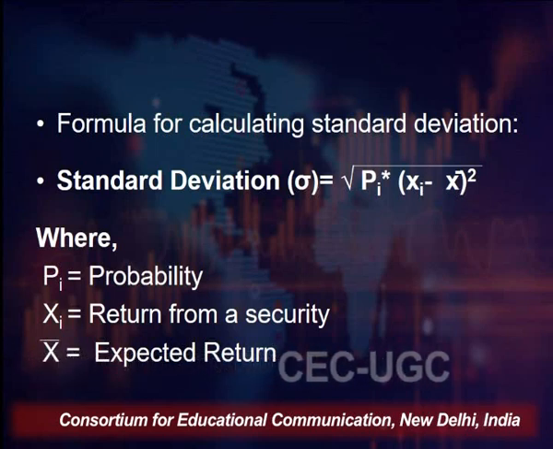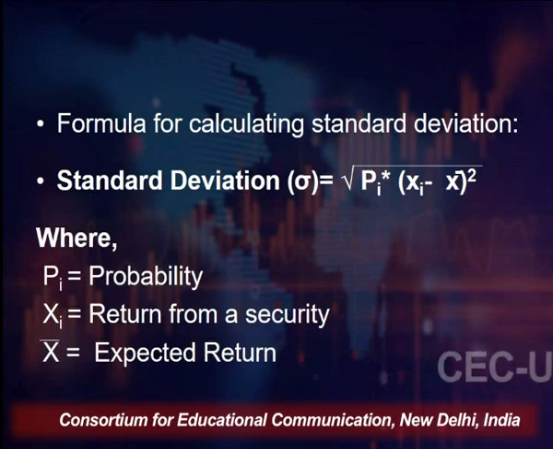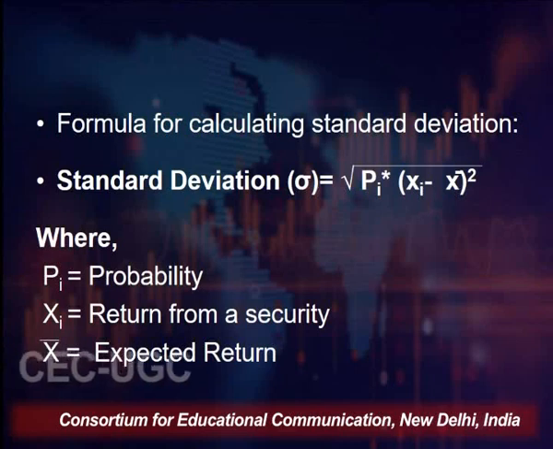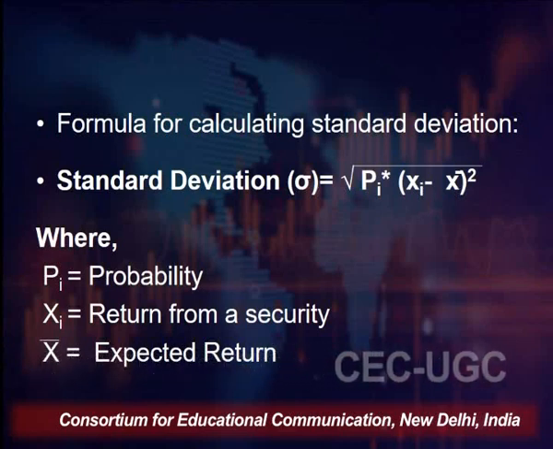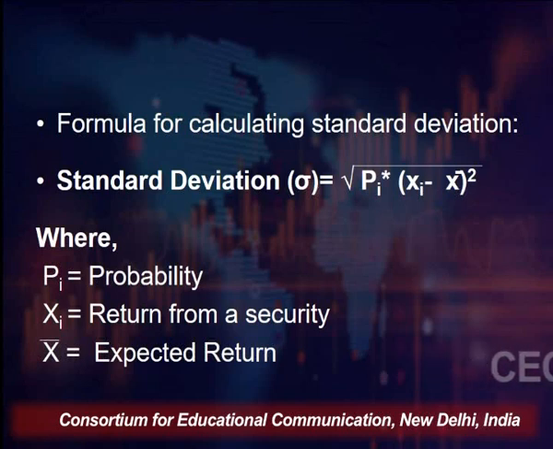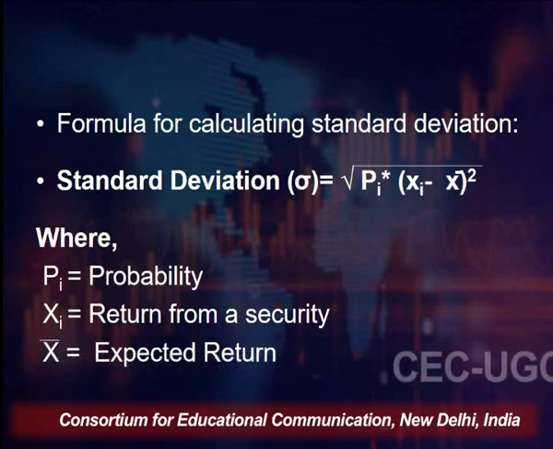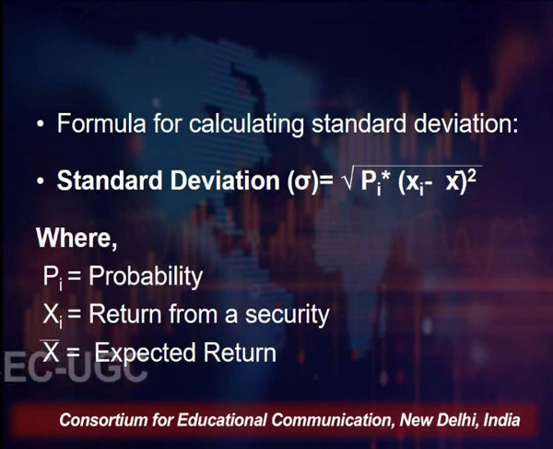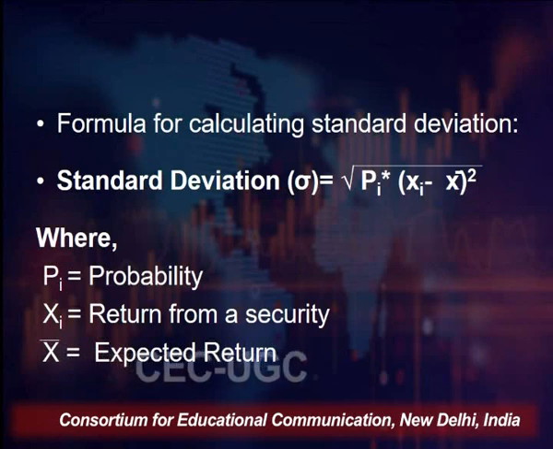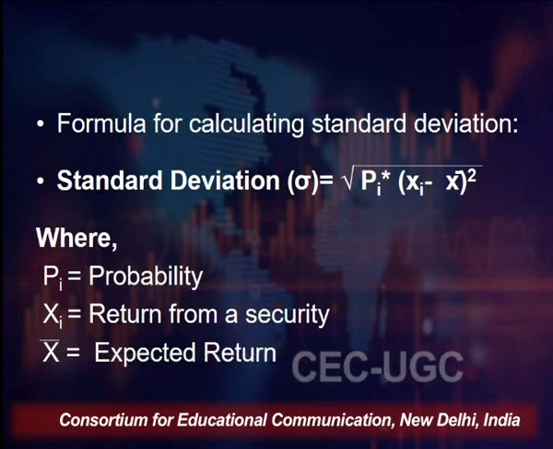So N in our case is 3. So Pi, in this case from 1 to N, summation of Pi, Xi means the return in the ith situation. If the situation is good, what will be the return? Normal, what will be the return? Bad situation, what will be the return? Minus the average return. X bar is called the average return, right? So Xi minus X bar, whole square, and you multiply it by Pi and take the whole under root.